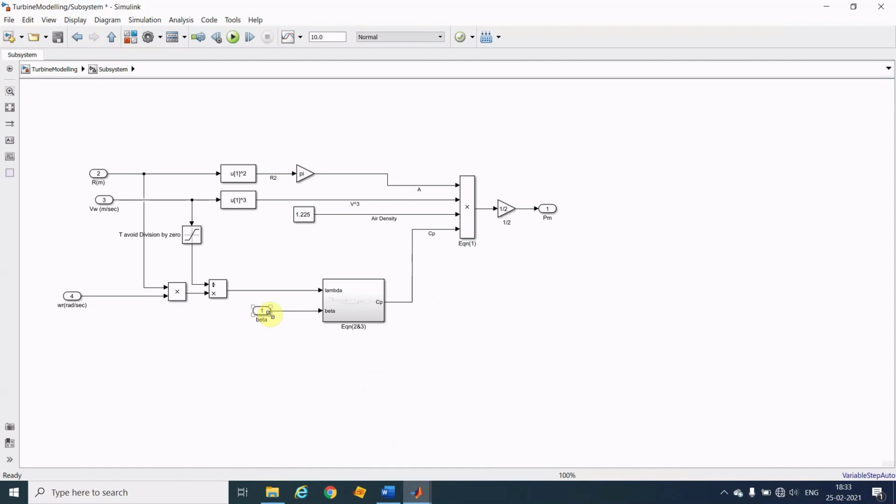Beta should be a constant, but it will be outside. So next, this is equation 1, equation 2, equation 3, and equation 4 we can write here. Almost it is done.